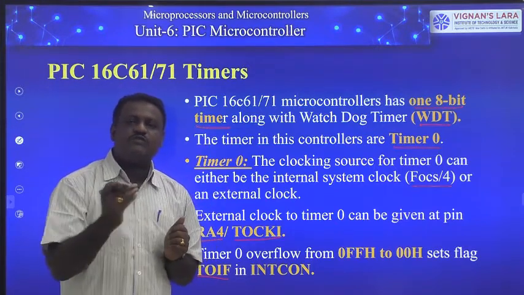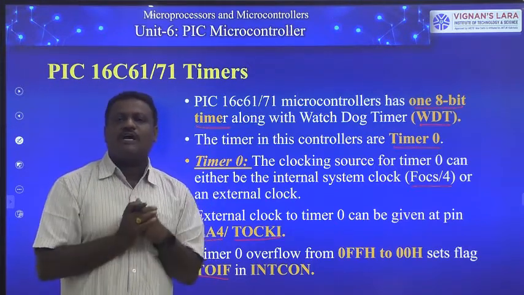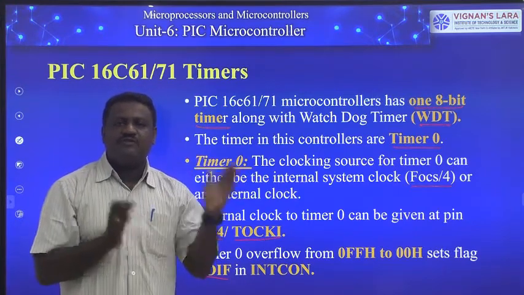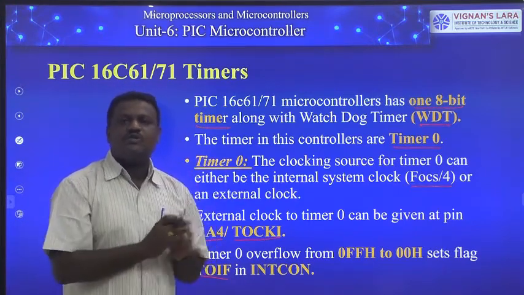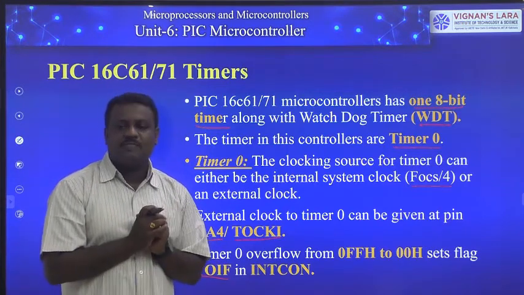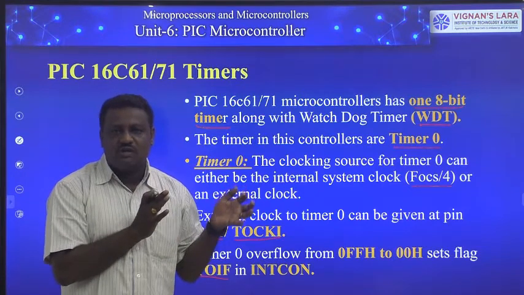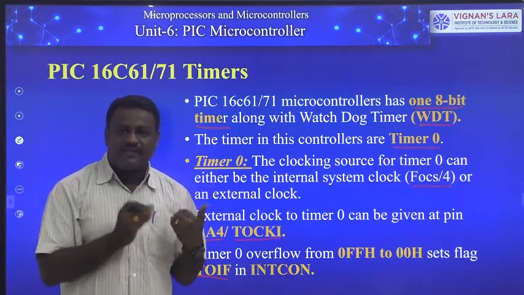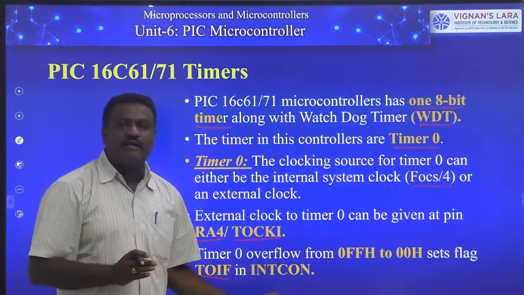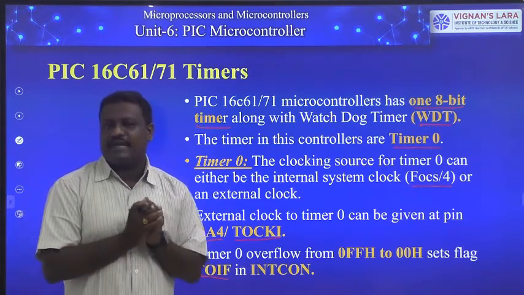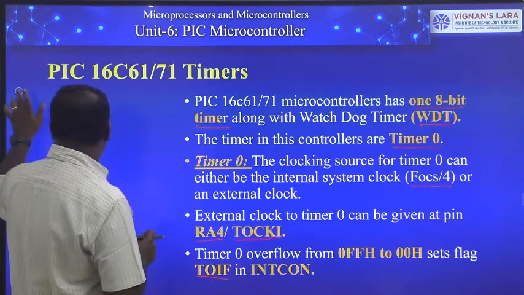When it receives one more clock pulse, its content rolls over from FFH, that is all ones, to 00H, that means all zeros. This information is provided by timer 0 through activation of a flag in INTCON, called the timer 0 overflow interrupt flag. So that is the meaning of this.